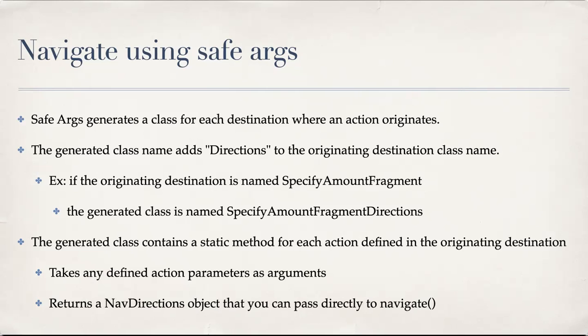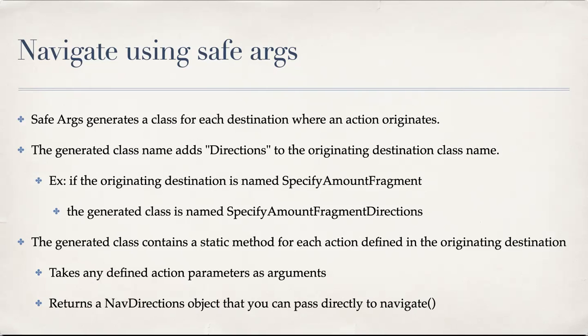So you call that method, you get the NavDirections, and you'll pass it to the navigate method. By the way, the navigate method is in the navigation component, which you use to tell the nav host that now you are navigating to another component.